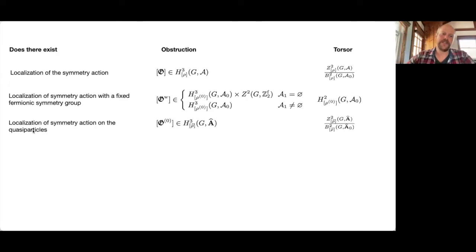The next question you can ask is, does there even exist a symmetry localization on the quasi-particles? And so that's some other obstruction, it's valued in the abelian quasiparticles modulo the fermion, and it has a torsor that looks like the following.